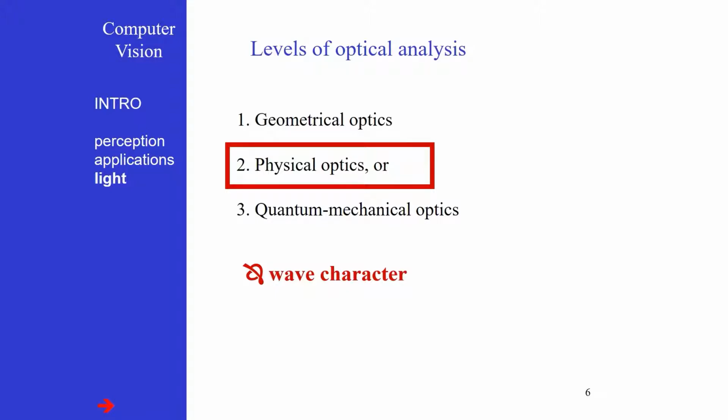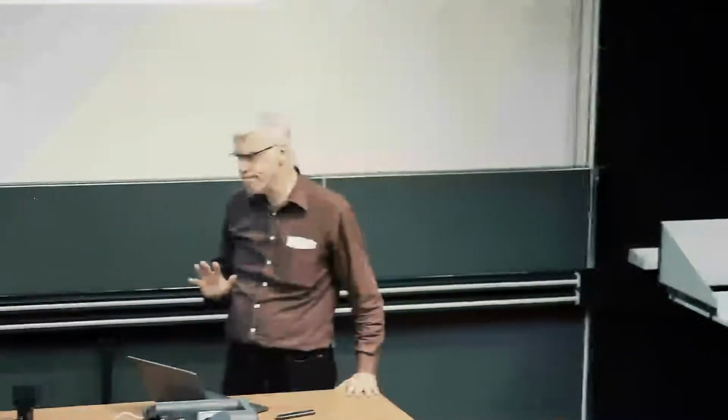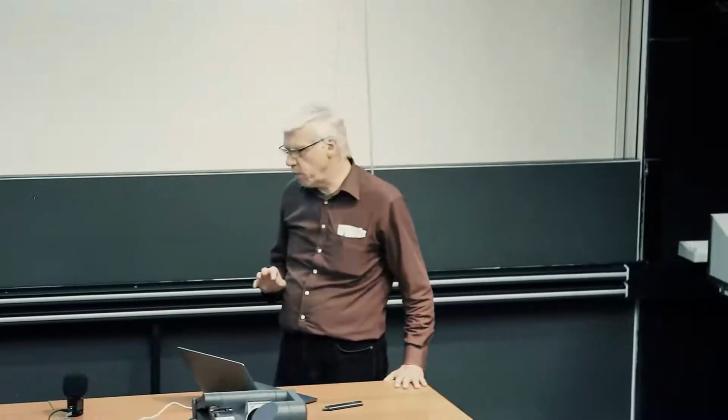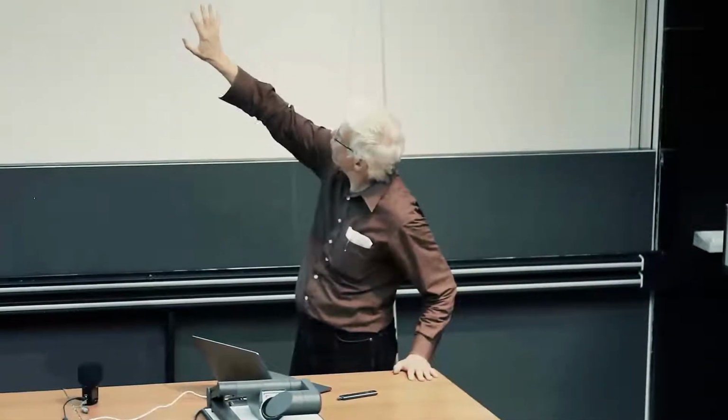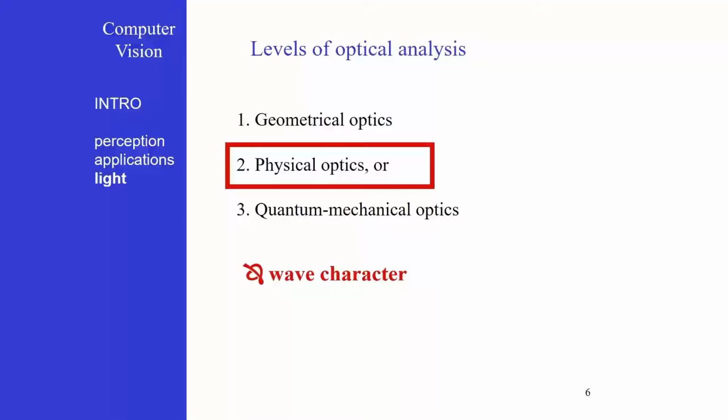We don't have to look at light as particles. As soon as you go into the third option, quantum mechanical optics, you would have to deal with that dual wave-particle nature of light. We don't have to deal with that. So for us, dealing with physical optics, light is a wave.